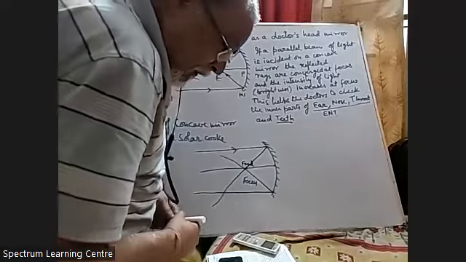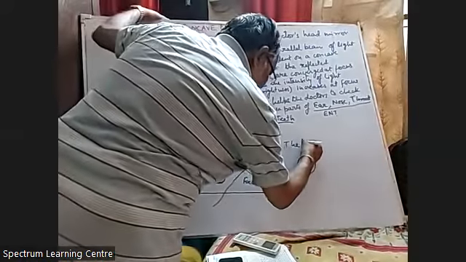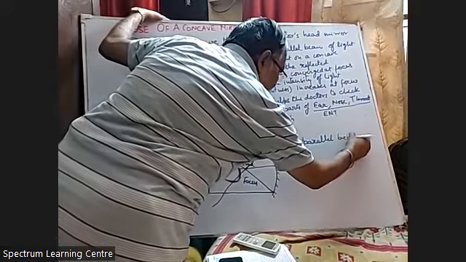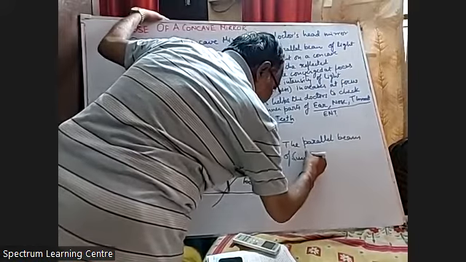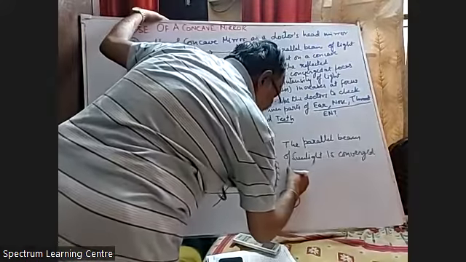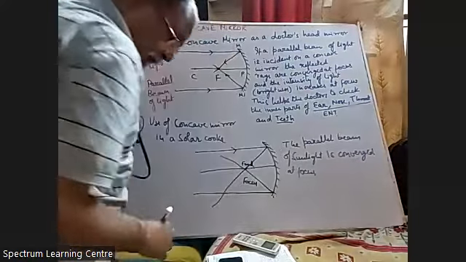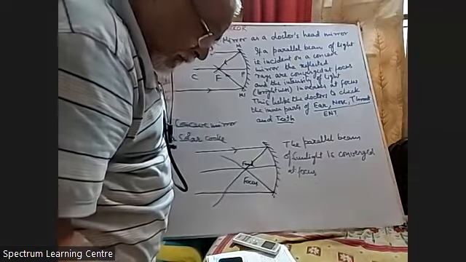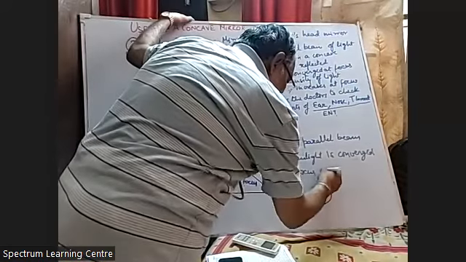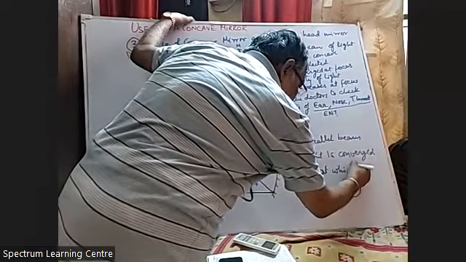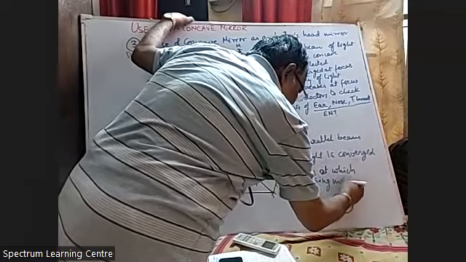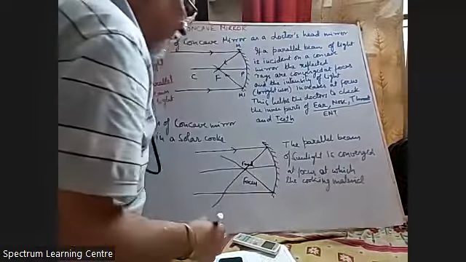So the parallel beam of sunlight is converged at the focus, at which the cooking material is kept.